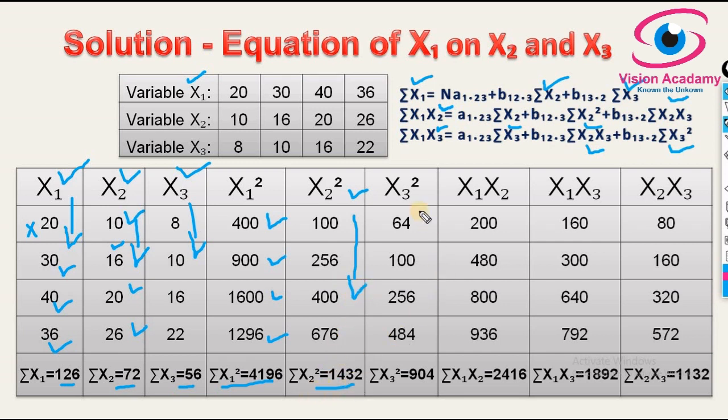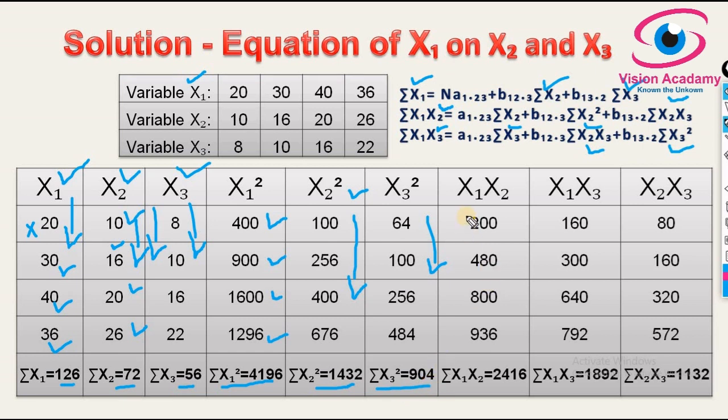The same thing applies in case of x3, that is summation x3 square: 8 into 8, 10 into 10, 16 into 16, 22 into 22. So here we have those values for summation x3 square.